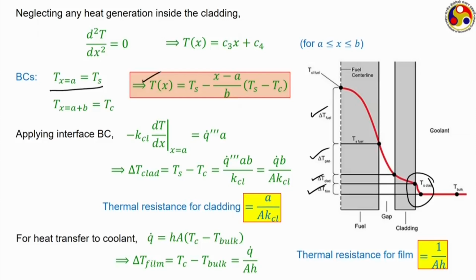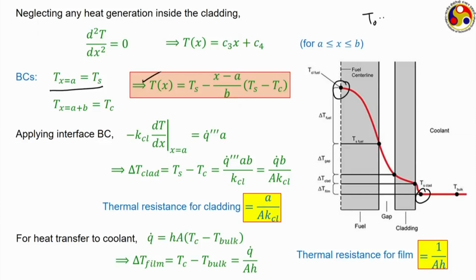We shall be doing that in the next lecture again, but as we have already calculated the 3 heat transfer resistances, we can also combine them to get a combined expression of total temperature difference, which is the difference between the temperature at this particular point and the bulk temperature.